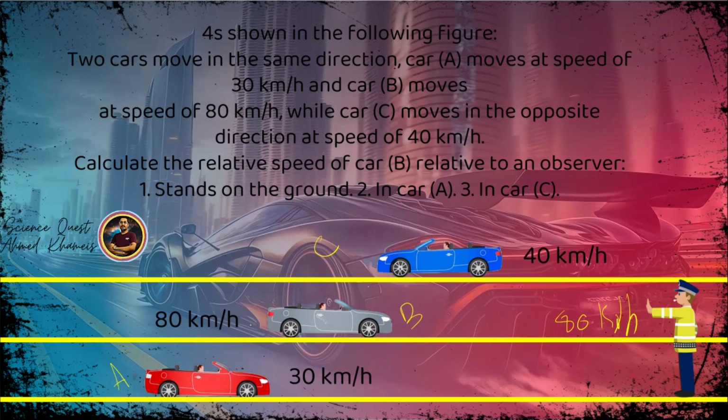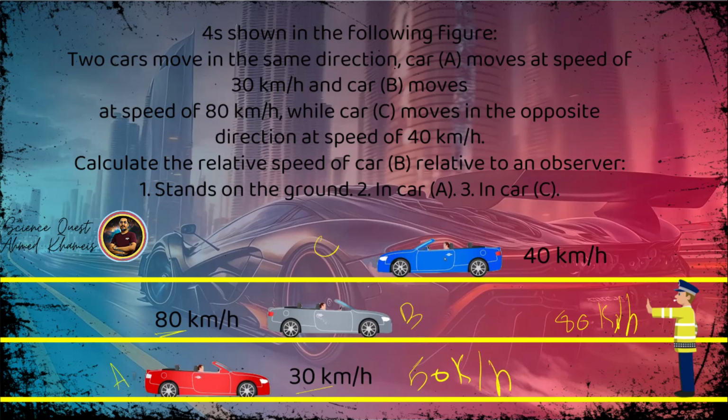And in car A, so car A and B are moving in the same direction. So the relative speed of car B will equal 80 km minus 30 km. So the observer in car A would see car B moving at 50 km per hour.